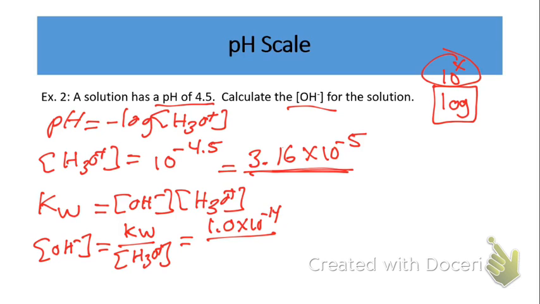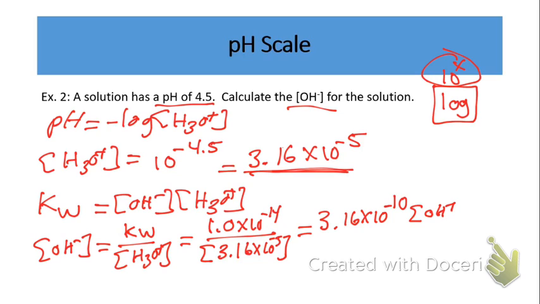And then the hydronium concentration, which we just found, was 3.16 times 10 to the minus 5. We do the math, and we get 3.16 times 10 to the minus 10, which is the concentration of the hydroxide. All right? So that's pretty much how we solve problem number 2.